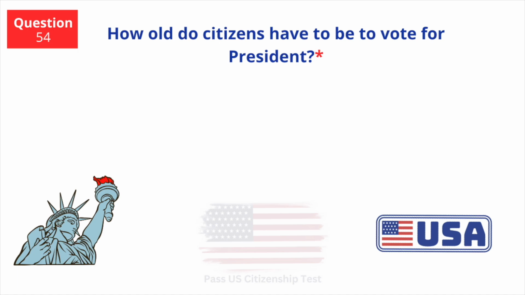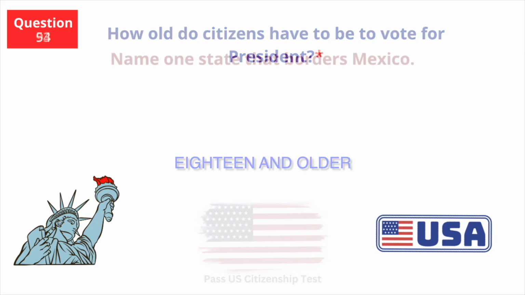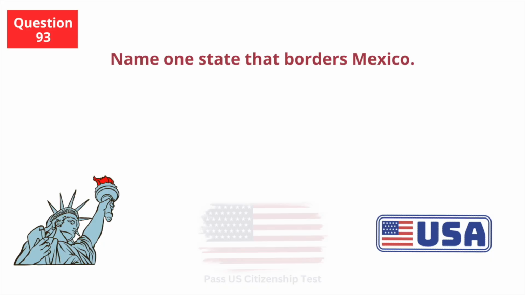How old do citizens have to be to vote for president? 18 and older. Name one state that borders Mexico. California.